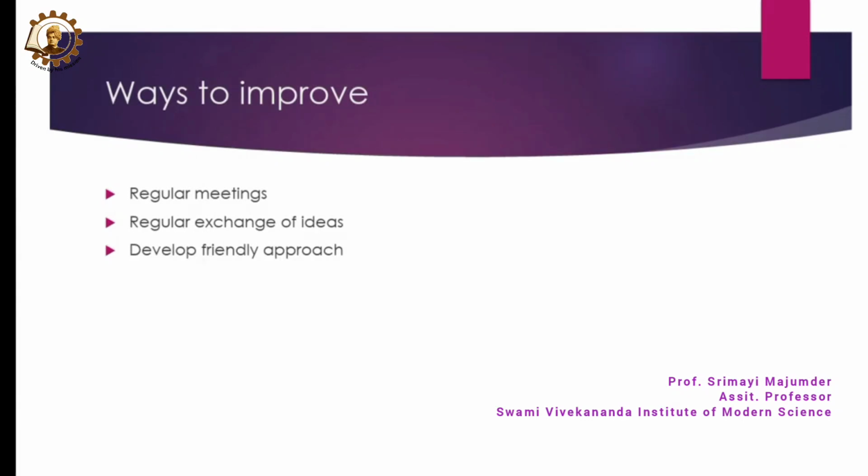The second way is exchange of ideas, a deliberate attempt to exchange ideas among different departments will smoothen out the difficulties. And the third is to develop a friendly approach. A conscious, friendly approach will develop a fraternity.